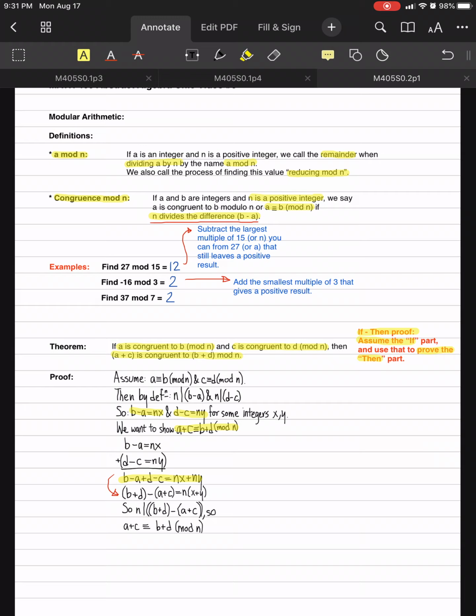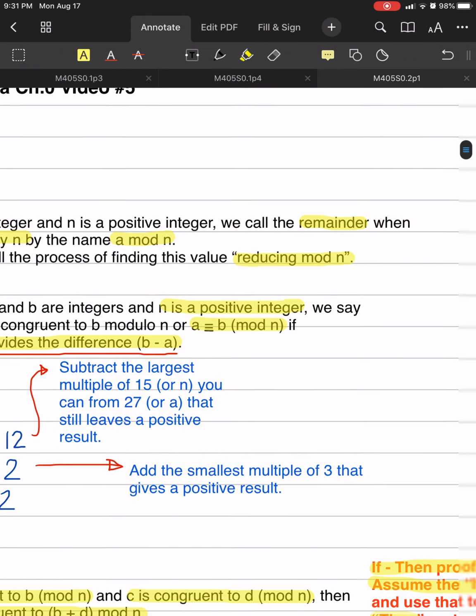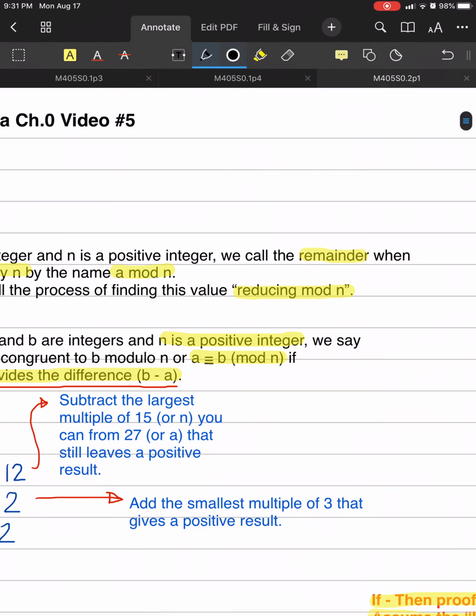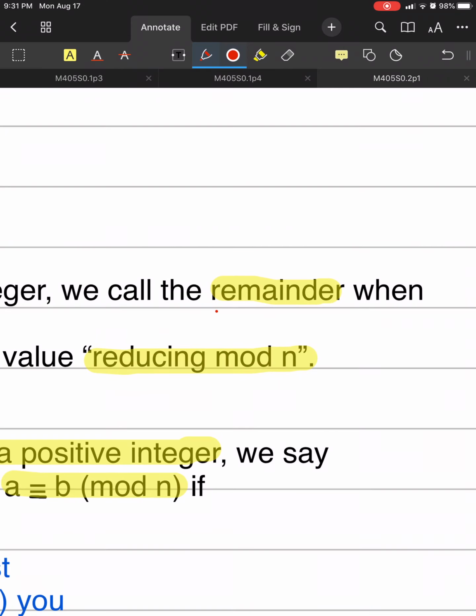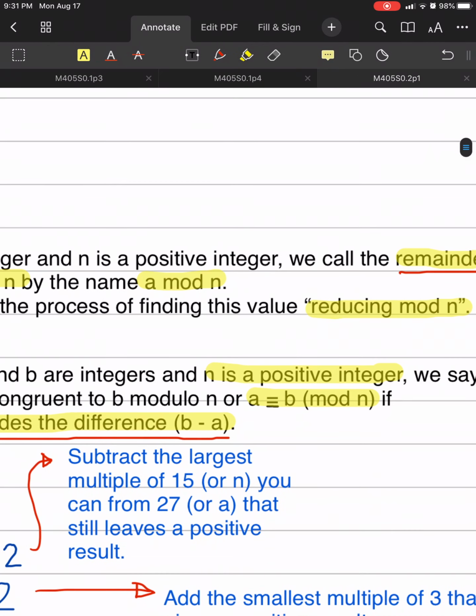Now, there is one other thing that I want to briefly talk to you about here. You'll notice that this first definition that we have here, we call the remainder when dividing a by n, a mod n.